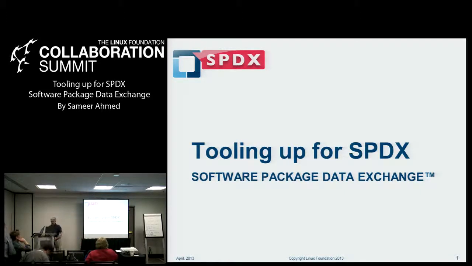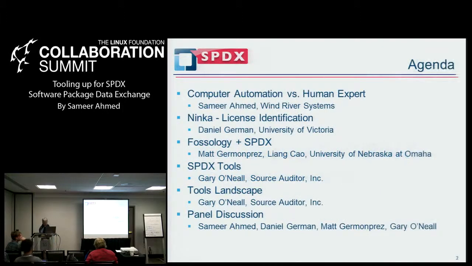So what we're going to do today is talk about the tooling. There are several different presenters. Sameer is going to start off with what Wind River has been up to, and Sameer is one of the developers who has worked on the tool, so he's a good authoritative source on that. What's important about Sameer's talk is it's going to go over the difference between a highly automated, quick-run identification tool and how that affects the quality relative to a process that involves humans.